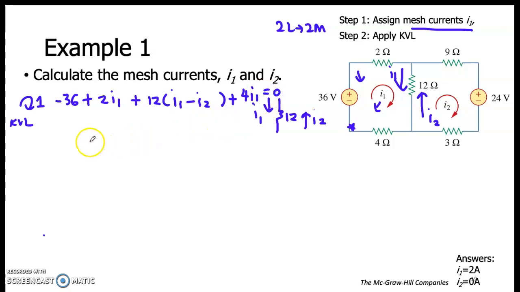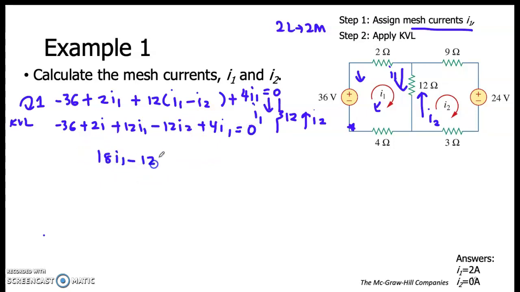So if I simplify here, minus 36 plus 2I1 plus 12I1 minus 12I2 plus 4I1 is equal to 0. You simplify further, it becomes 18I1 minus 12I2 minus 36 equal to 0. So this will be equation number 1.